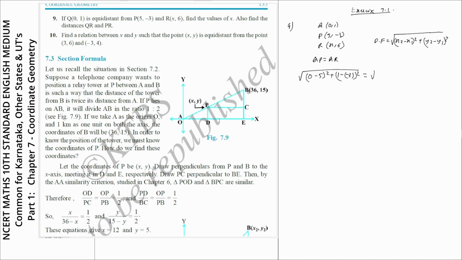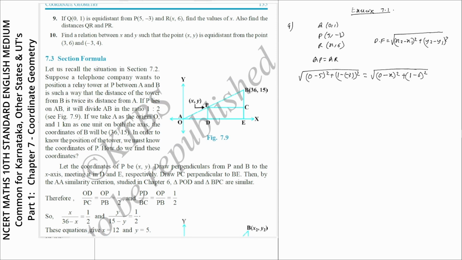So this is equal to, what is QR? QR is given by x2 minus x1 the whole square, that is (0 minus x) the whole square, plus y2 minus y1 the whole square, that is (1 minus 6) the whole square.